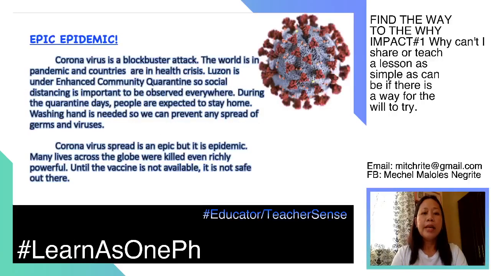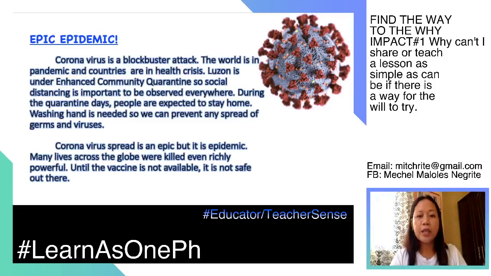Yesterday, I composed a text. This is my original text composition. And then I decided to give this text a title: Epic Epidemic. I added the image of the virus so that we will remember it better and it will be more meaningful.